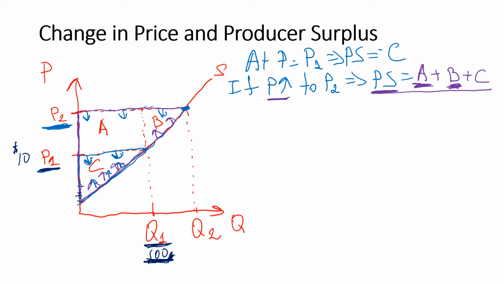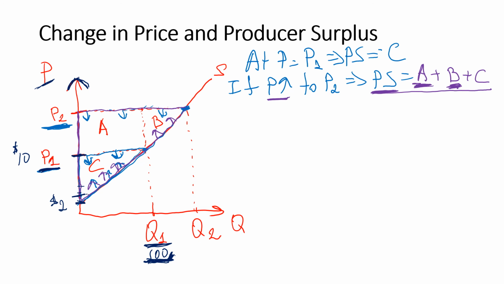So just think about it. If my cost of production is, let's suppose, $2. Now this price line, remember, also indicates the seller's cost of production. If the seller's cost of production is $2 and I am selling this product at $10, what is going to be my producer surplus? It's going to be $8, isn't it?